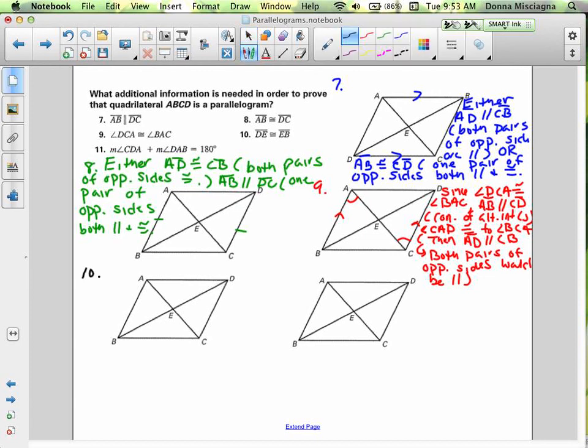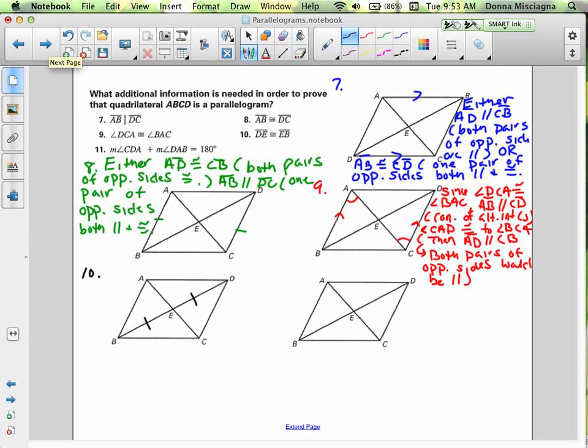All right, so DE is congruent to EB. This one's a really easy one. All we need is these two to be congruent, and then we would have both diagonals bisected.